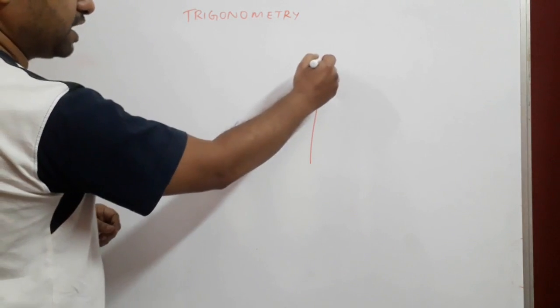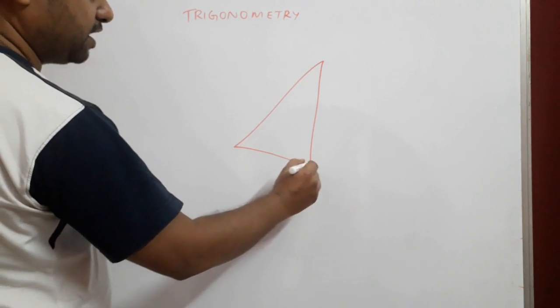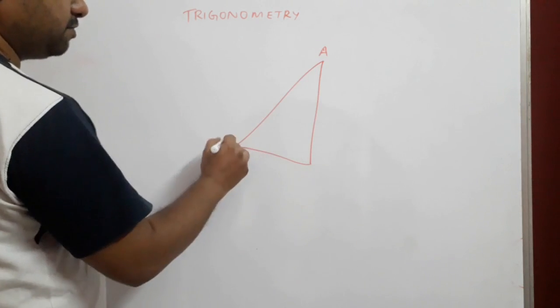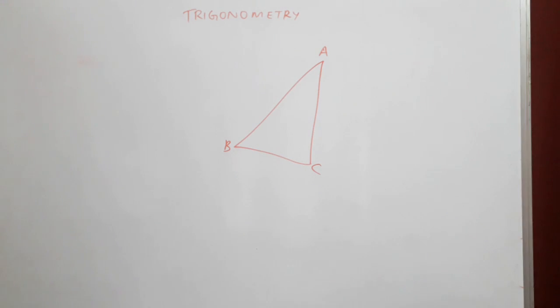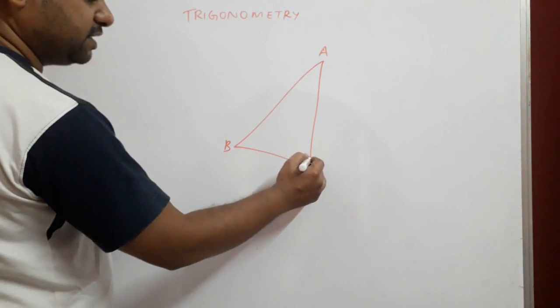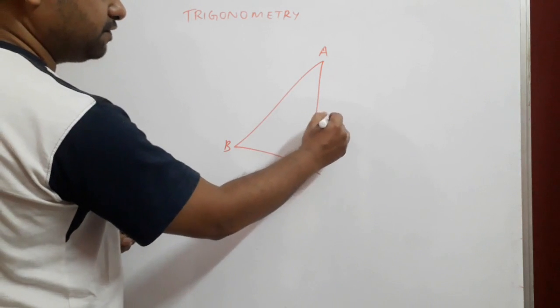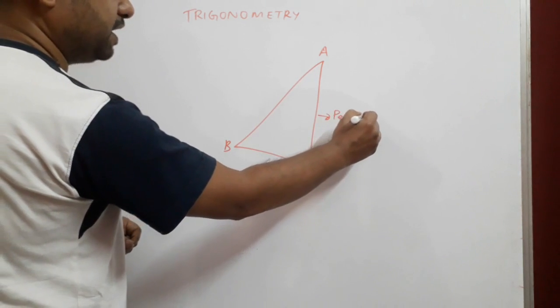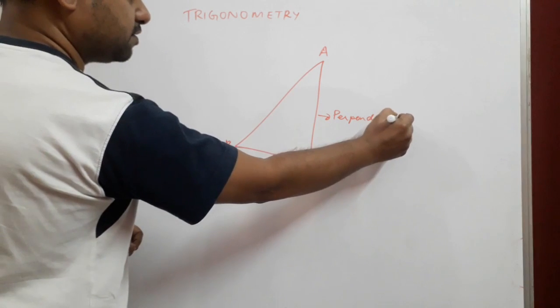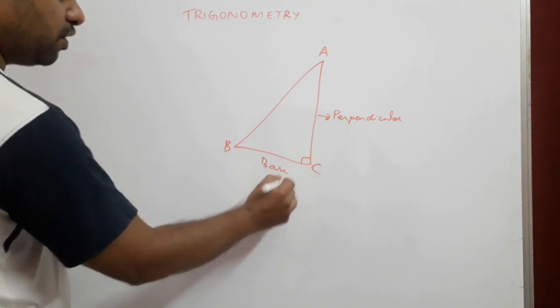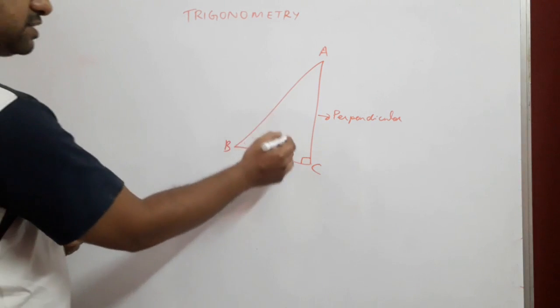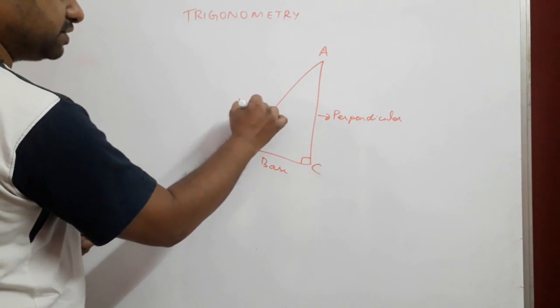So we'll draw one triangle over here and we'll give it the names A, B and C. Now this is your altitude, which we also call the perpendicular. This is what we call the base of the triangle, and this is of course the hypotenuse.